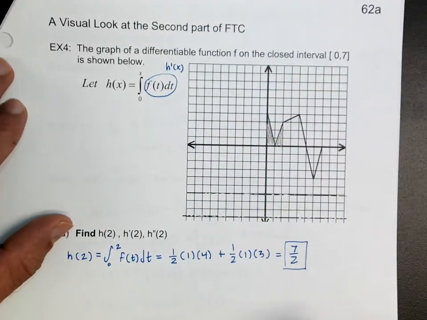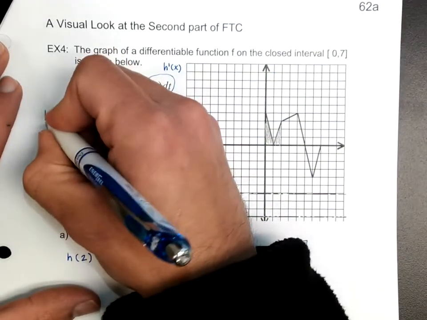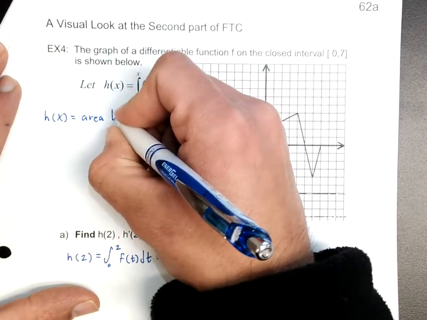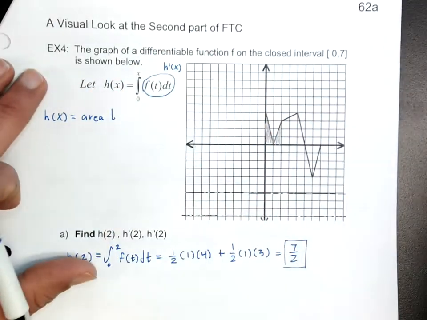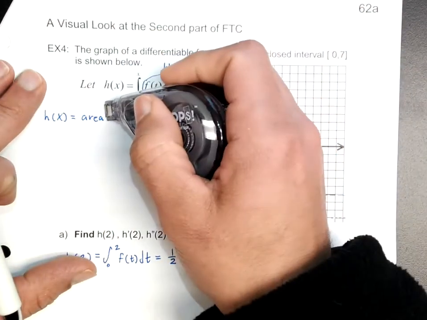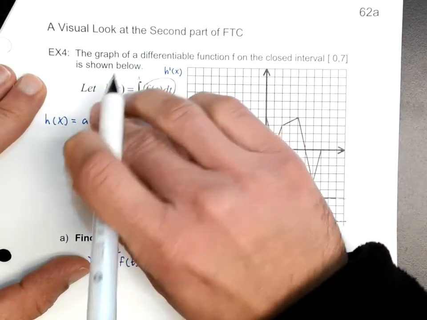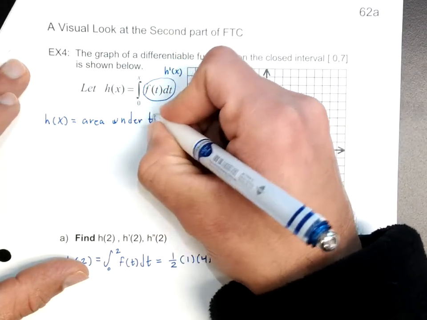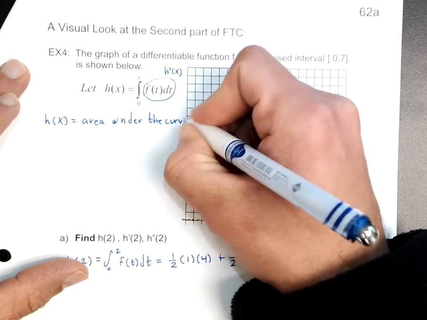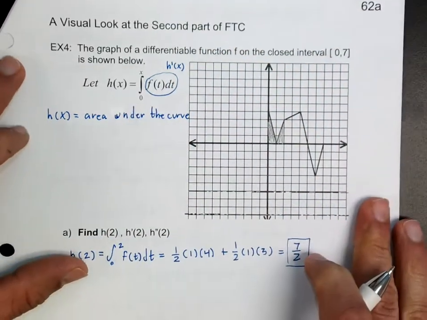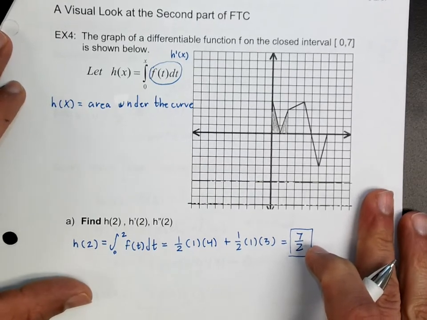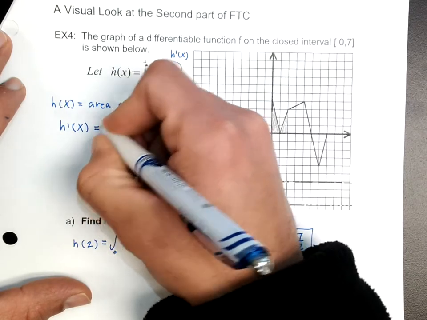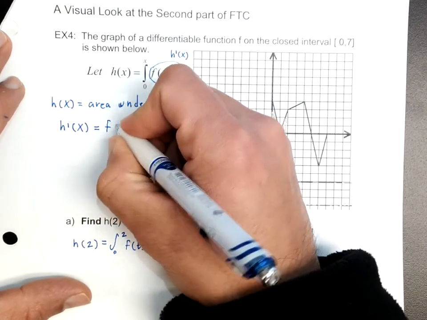So let me write that down. h of x is the area under the curve, and in this case h prime of x is equal to f of x.